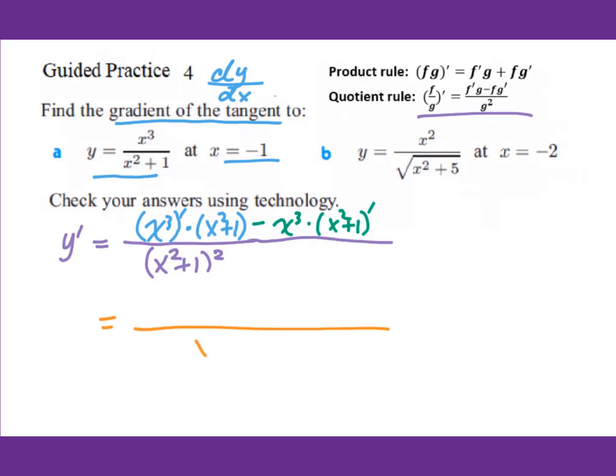Derivative for x third power, that's 3x squared times (x squared plus 1), minus x third power. Derivative for x squared plus 1, that's 2x.